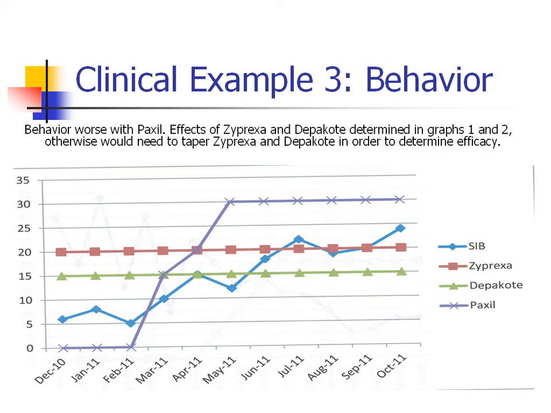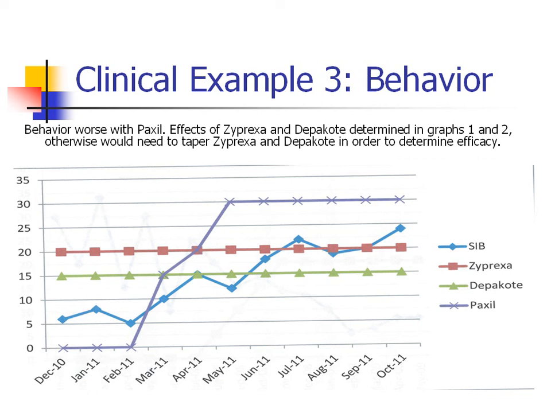The data on the previous graphs are very important to have, so that you know, first of all, that the Zyprexa had been effective, because he used to have 25, 30 times per month, and 5 to 10 times per month is an improvement, but it's not perfection.